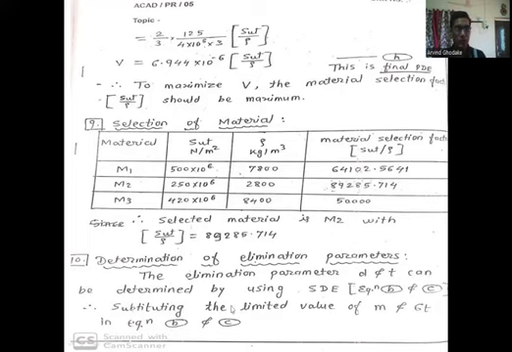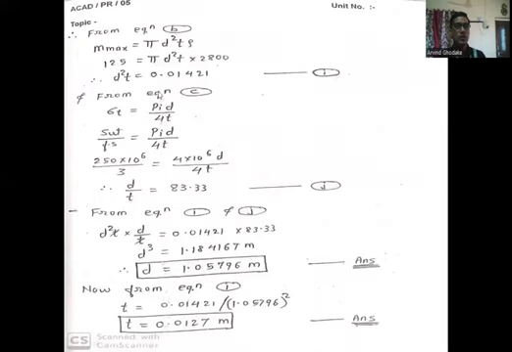Then next step, determination of elimination parameter. So the elimination parameters D and T can be determined by using the subsidiary design equation. So substituting the limited values of m and sigma T in equation B and C. So from equation B, we have m max is equal to pi d square T into rho. So we'll get the d square T as 0.01421.